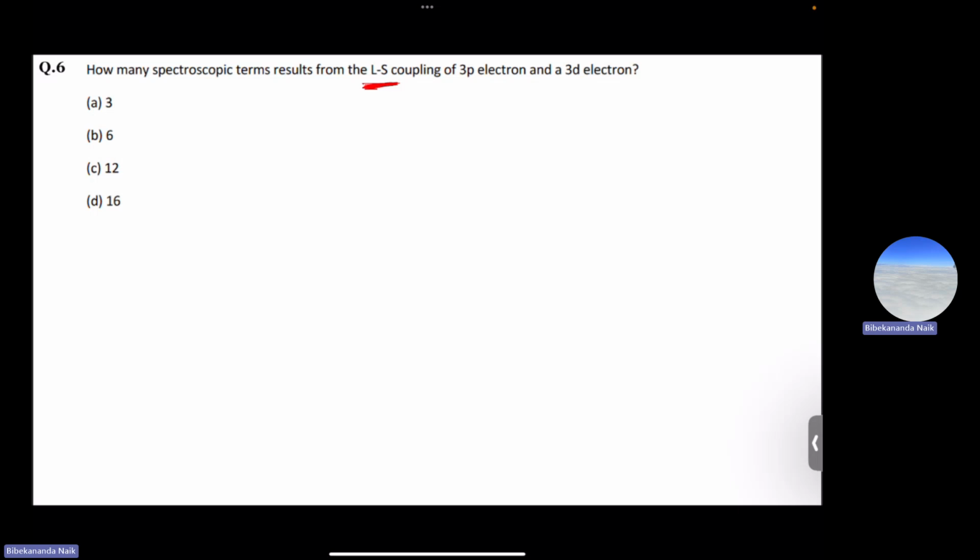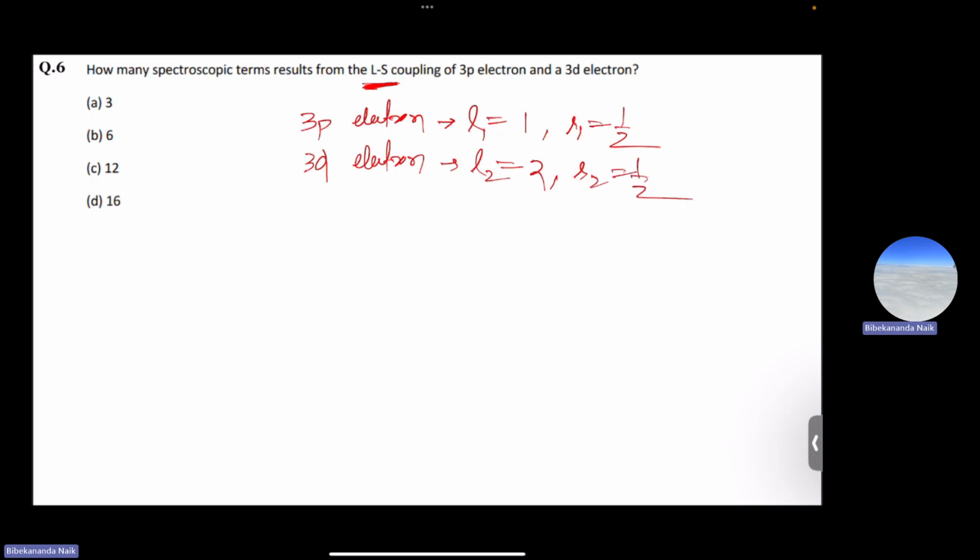So if we discuss now, this is 3p electron. For 3p electron, L1 will be 1, and since it is 1 electron, S1 will be half. Then for 3d electron, L2 will be 2, S2 will be half.